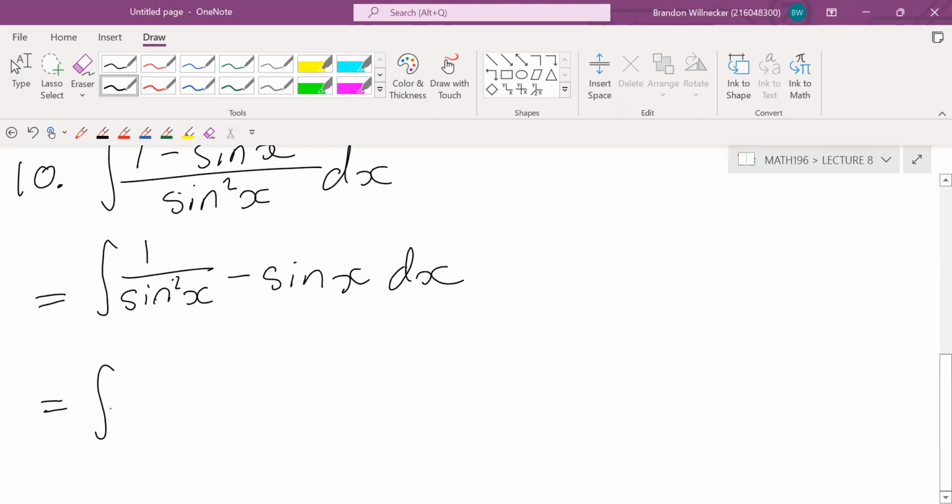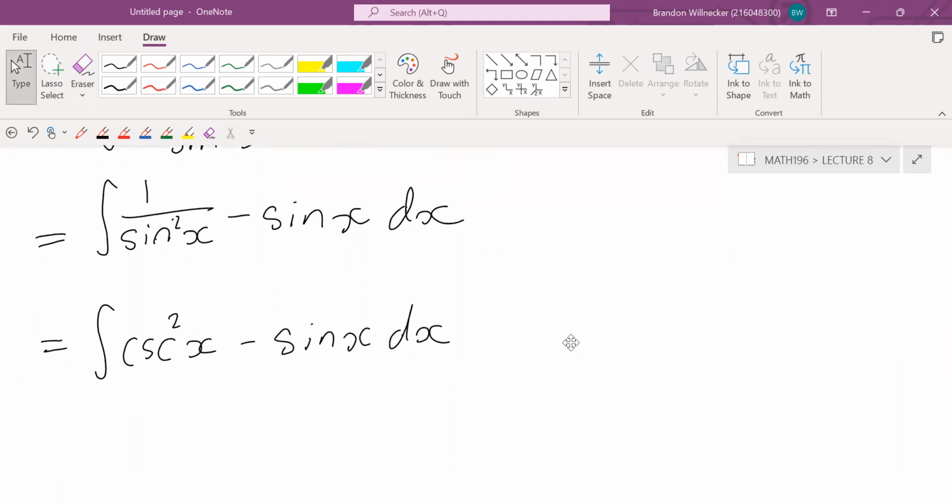So we can rewrite this as cosec squared of x, and then we have the minus sine x dx. So remember, 1 over cos is sec x, 1 over sine is cosec x. Those are the reciprocals.